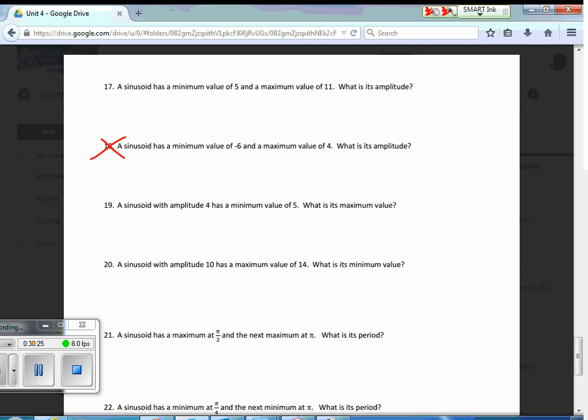Anyway, so we're supposed to know what the amplitude is. It's a wave where its lowest is 5 and its highest is 11. There, I got a little picture for you. That'll make it a lot easier. What's its amplitude? And please don't just subtract 11 minus 5. It's 3 instead. 11 minus 5 is 6. The amplitude is not 6. That's 6, but the amplitude is half of that. So it's 3.